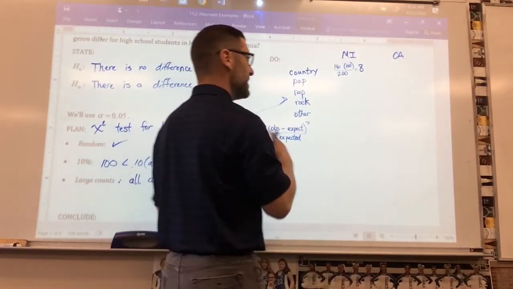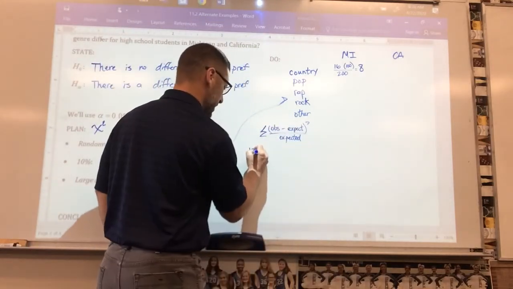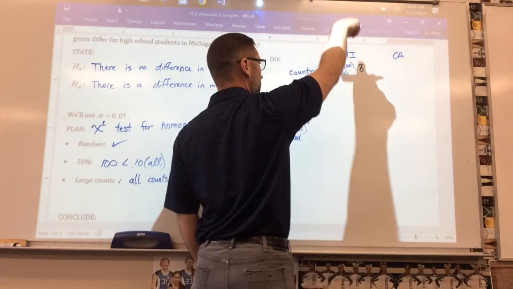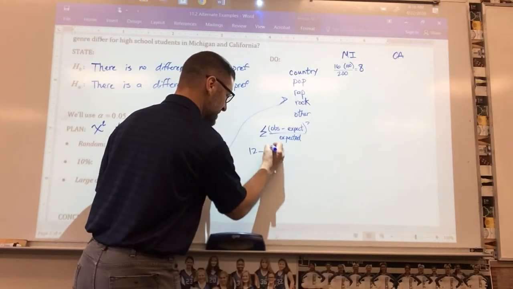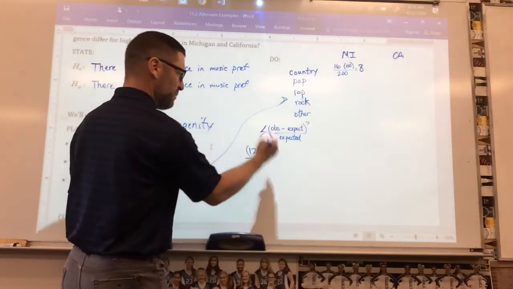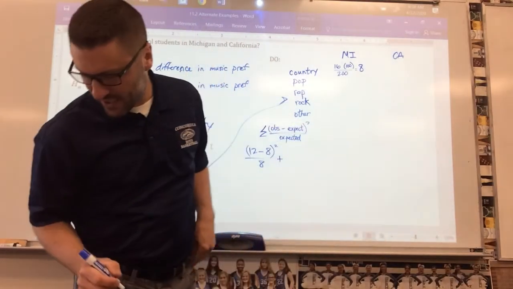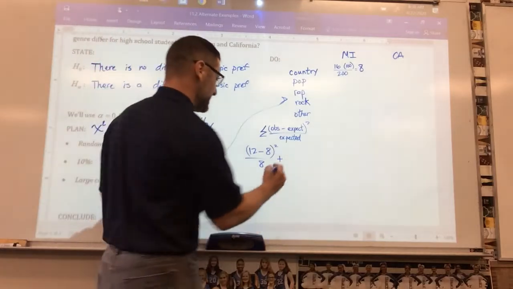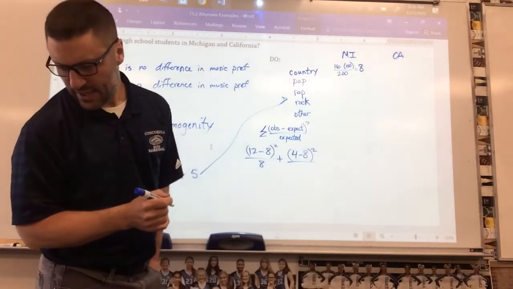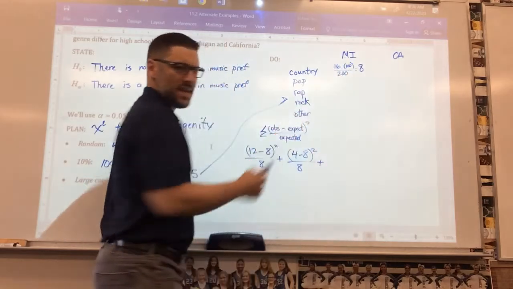In this case, the observed in the first one was 12, minus my expected here, which would be 8. I got 12 from that chart up above. There's a little 12 in that spot. I'm going to square that, and put that all over my expected, which is 8. Plus, if you're doing it right, that cell is going to be 4 minus 8, squared, all over the expected, which is 8, plus this cell right here.